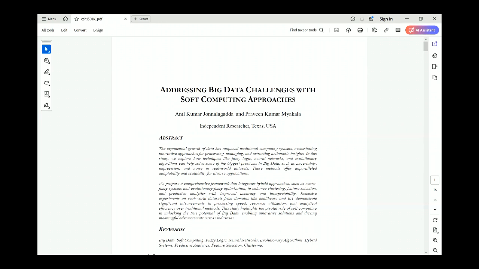The next topic that I would like to talk about is the experimental results and the applications. Like Praveen mentioned, during the process of writing this research paper, we did some testing on different domains with test data available on the internet for finance, healthcare, and IoT. For healthcare, we trained our models using patient data for disease diagnosis like cancer.